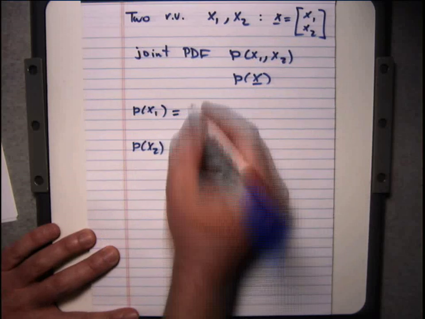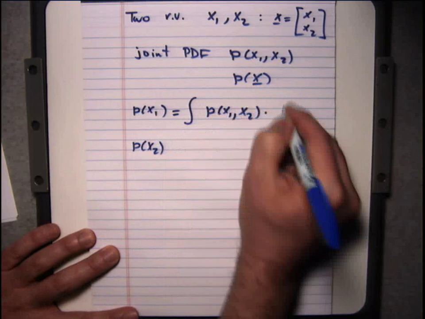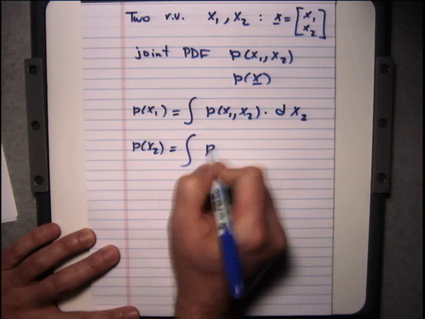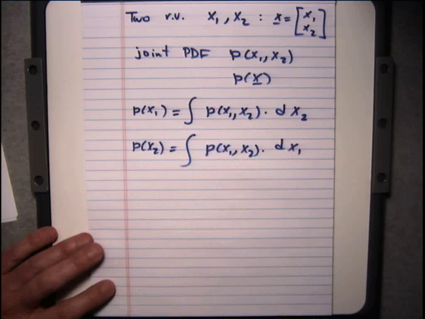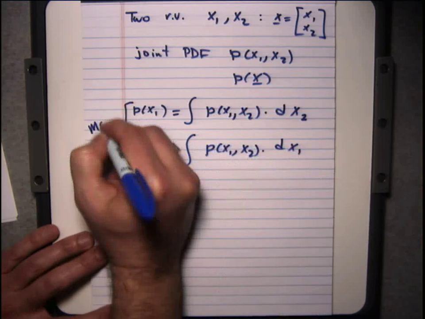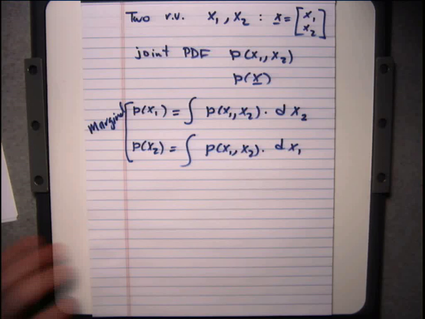So this would be the integral of P of x1, x2 times dx2. And correspondingly, this would be the integral of P of x1, x2 times dx1. These are called marginals, marginal PDFs, marginal probability density functions of the original PDF.